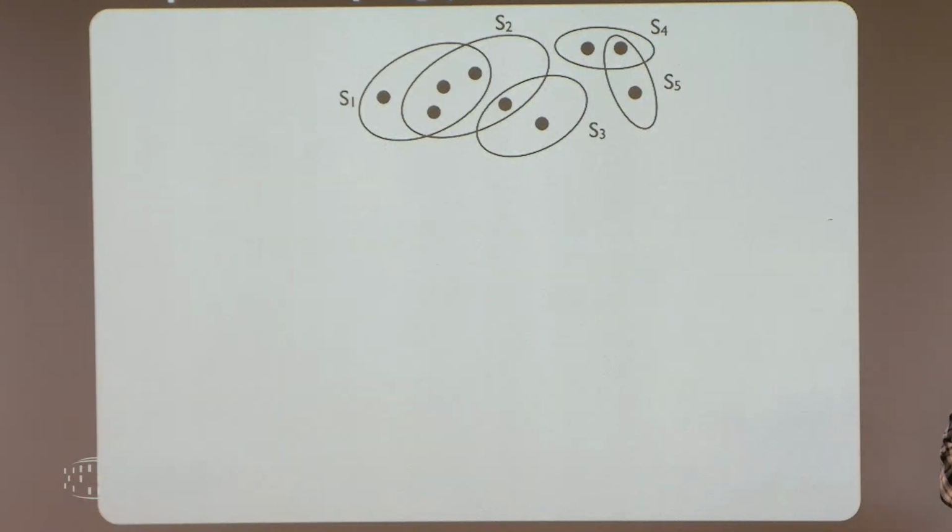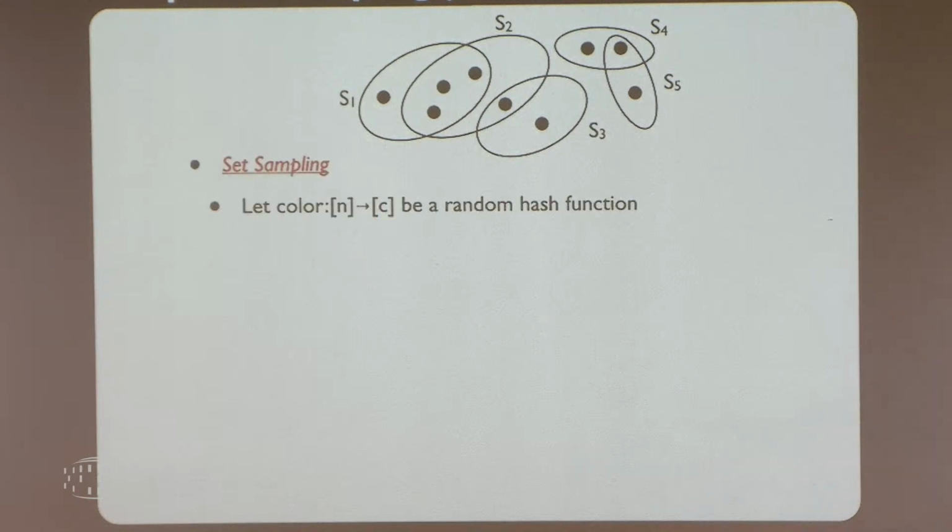The second simplification I want to talk about is slightly more complicated, but it uses ideas that have been floating around. The idea is that we don't subsample elements here, we can color elements. We're going to apply a random hash function that takes all the elements in the universe and maps each of them to one of C different colors.